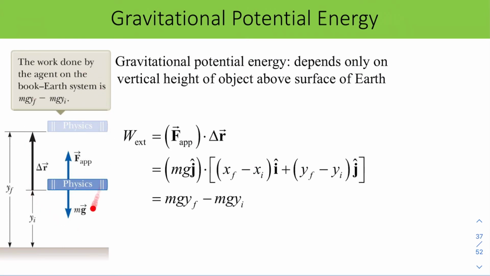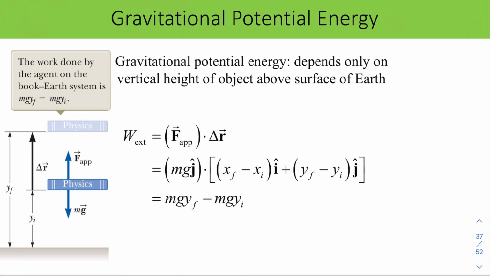So still the same story as just now: gravitational potential energy depends only on the vertical height of the object above the surface of the earth, because we don't have any delta x in this case.